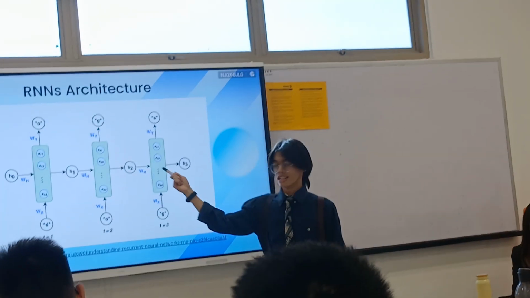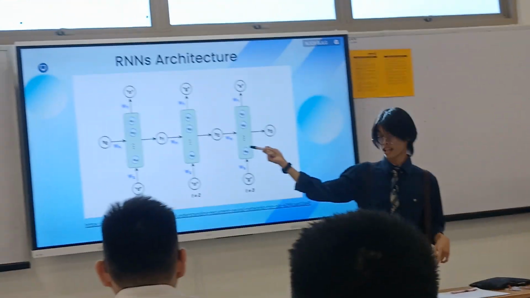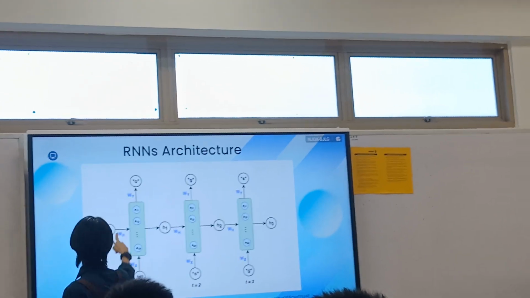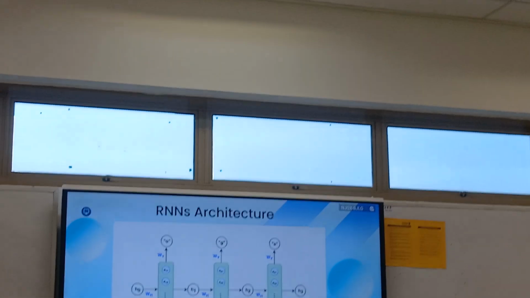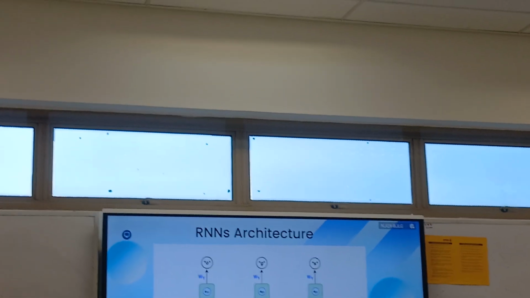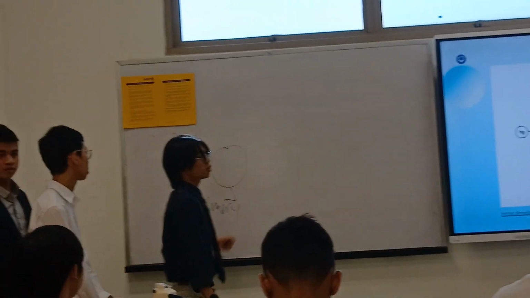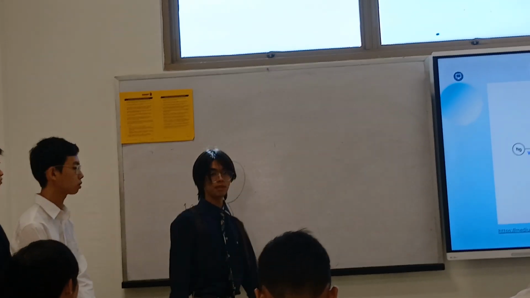This is the RNN architecture. I will break it down for you. This circle right here is equivalent to a memory cell. It stores information, it stores previous input.